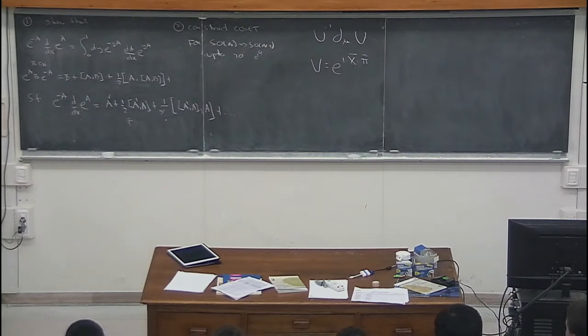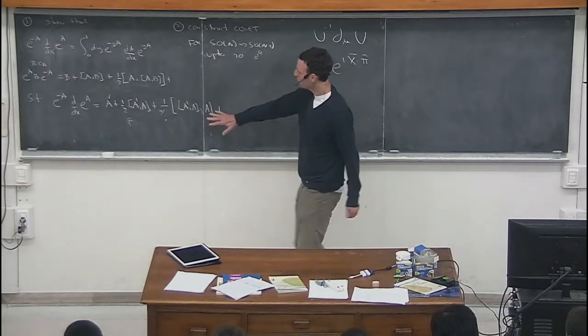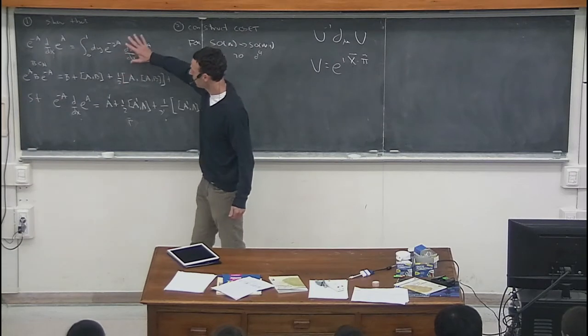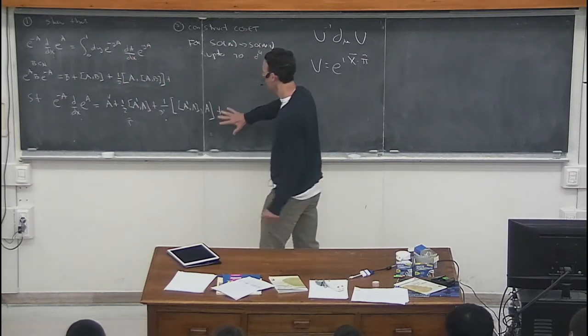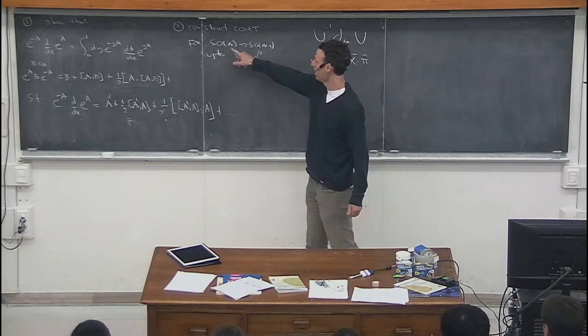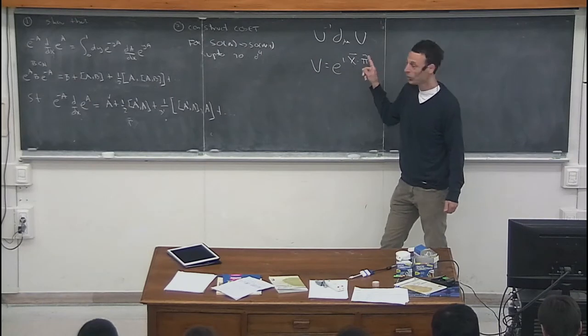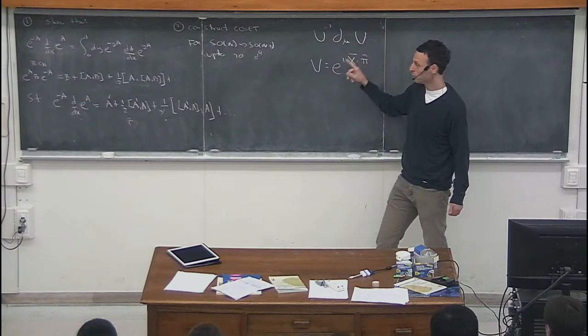I'll tell you how to do it before the end of the week, or maybe Duff will tell you how to do it. But it's a fun little thing to do. Okay, if you don't want to prove this for yourself, at least this formula you'll need. If you do SO(N) breaking to SO(N-1), since the generators don't commute with each other, you've got to figure out how to do this exercise.